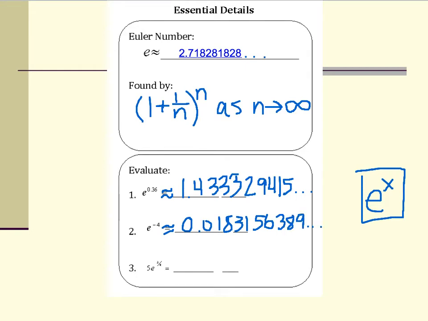And for this one, you should get approximately 10.5850008. If you didn't get those, pause the video, try and mess with your calculator a little bit more to try and get those numbers. If you still can't get those exact values there, make sure you ask in class tomorrow how you're supposed to do this on your calculator.